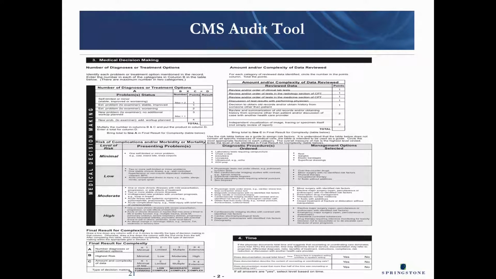The top part talks about the number of diagnoses or treatment options and gives you numbers of points for whether it's an established problem or a new problem, whether you've done additional workups or you're planning to, etc. And the amount and or complexity of data, and the reason that we don't get a lot of credit for it in psychiatry is that it includes things like ordering clinical lab tests, ordering tests, radiologic tests, discussed it with the performing physician, and some other things.